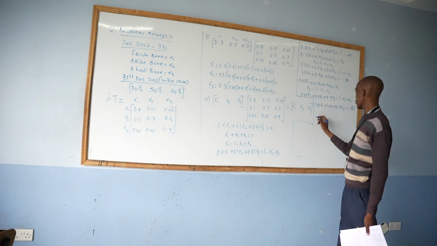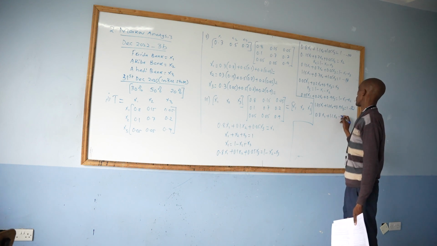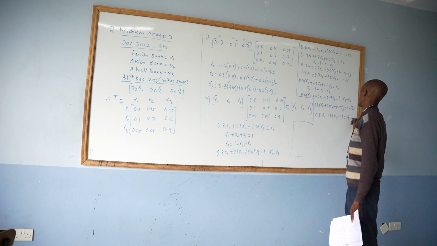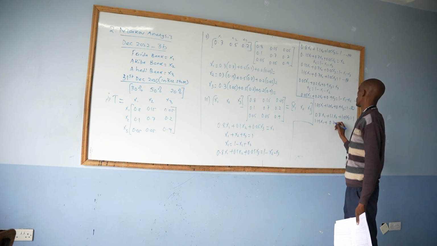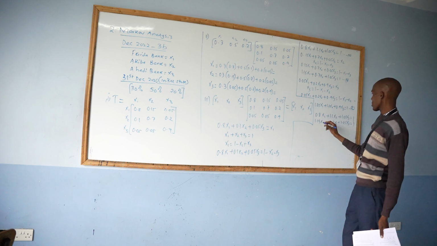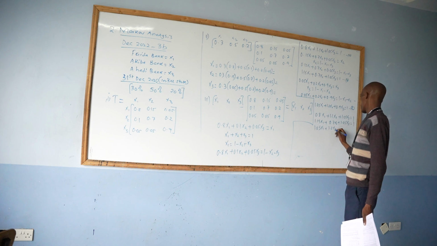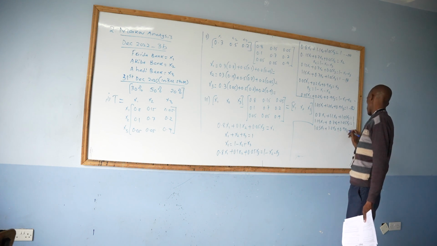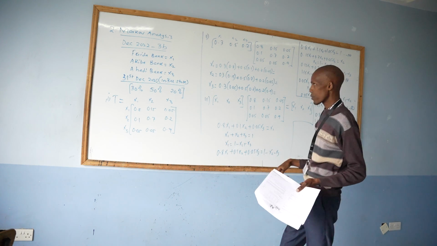So I can now bring them together. 0.8x1 plus 1.1x2 plus 1.05x3 equals 1. Then the equation here: 1.5x1 plus 0.7x2 plus 1.05x3 equals 1. And then 1.05x1 plus 1.2x2 plus 0.9x3 equals 1. How do we solve that one? So now we work for x1, x2, x3.